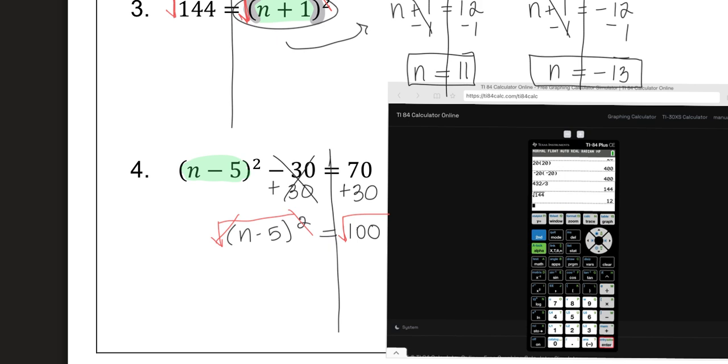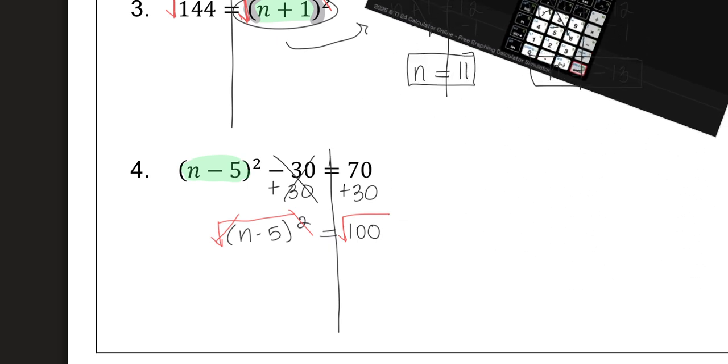Okay, now we do have this expression here. So we know that we either get n minus 5 equals 10, or n minus 5 equals negative 10. We still need that positive and negative. Don't forget that part. So to solve this, we would add 5.